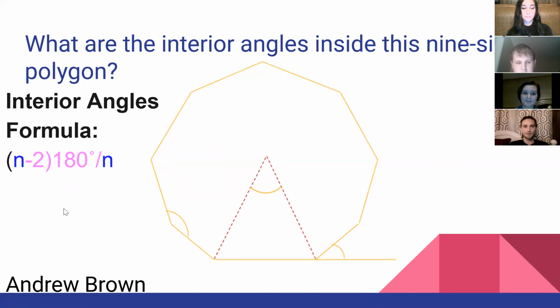Here we have the interior angle formula, n minus 2 times 180 degrees divided by n. n is the number of sides the figure has. When we count up the sides, we get a total of 9. So we use that 9 to plug in for n to get 9 minus 2 times 180 divided by 9.